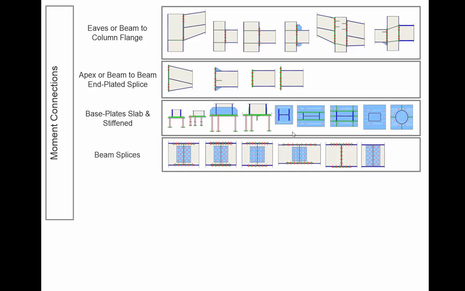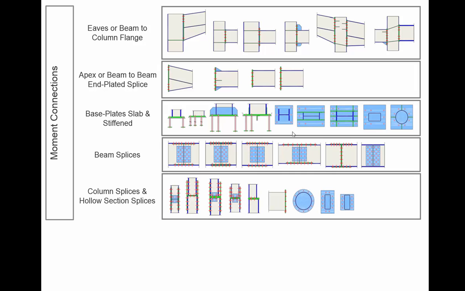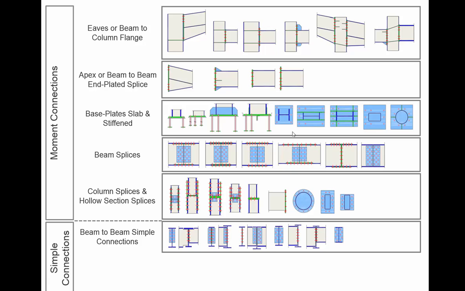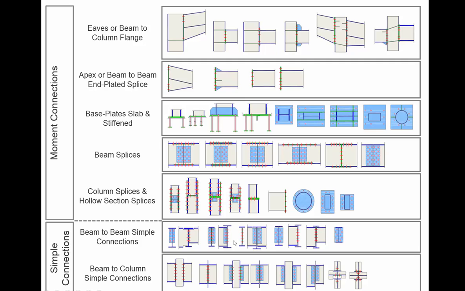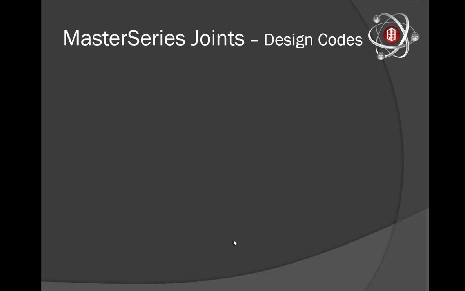And then we come to the beam splices, very straightforward, internal and external plates, column splices and hollow section splices, very straightforward. And then the simple connections are beam to beam connections for our flexibles, our fin plates and our angle cleats. And then again the same for our beam to column splices.